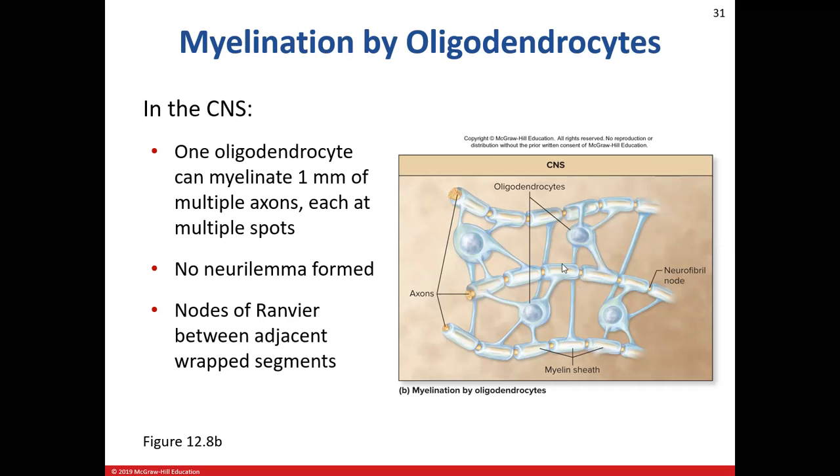The extension continues to wrap around, forming this myelin sheath, also creating, again, these nodes of Ranvier, even in the CNS. You'll note that one oligodendrocyte can myelinate 1 millimeter of multiple axons. No neurolemma is formed because those will be found more so in the PNS. And the nodes of Ranvier are still present between the adjacent wrapped segments.